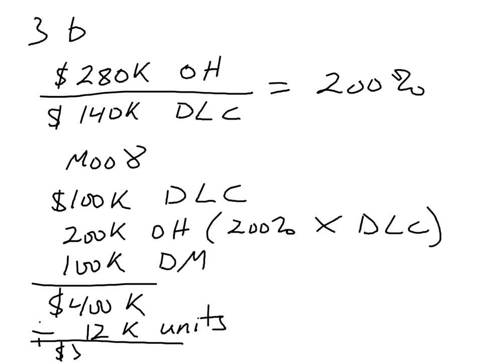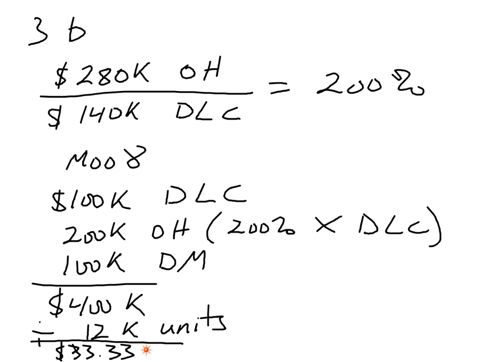And we get $33.33. All right. So again, for Part B, for M008, total overhead is $200,000, and again, that's 200% of our direct labor cost, and the total unit cost is going to be $33.33.